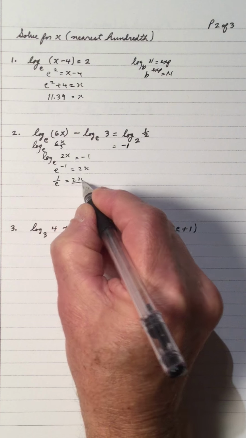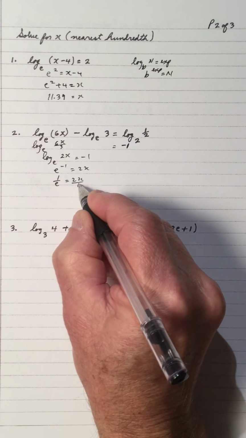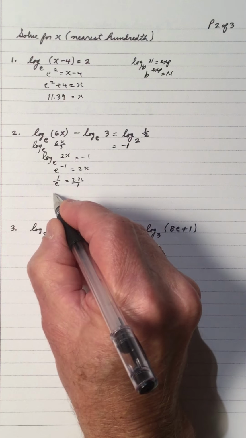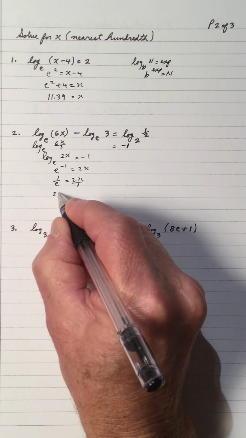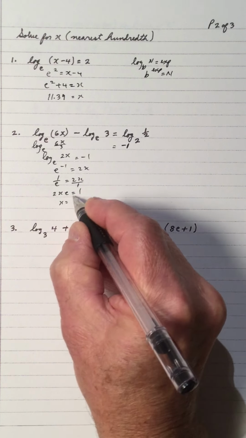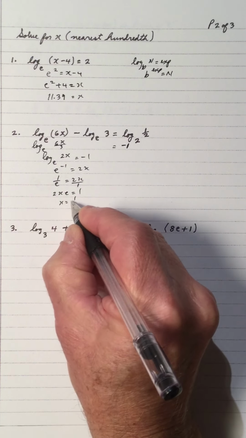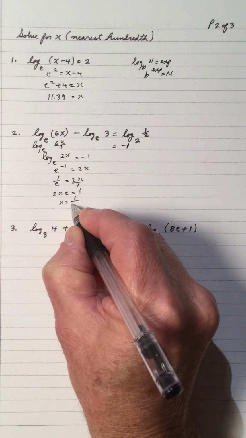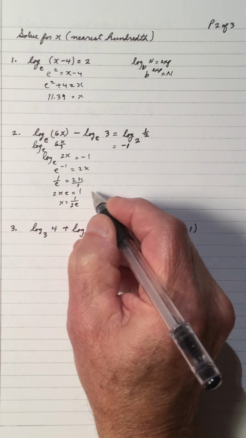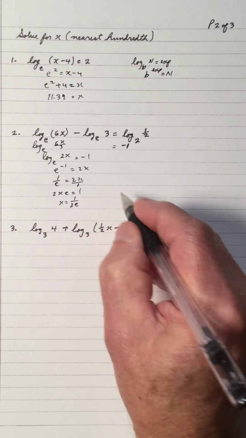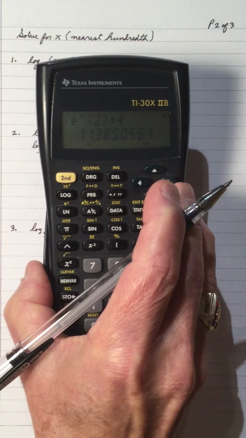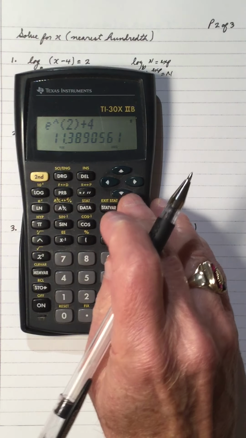We put the 2x over 1 to make it a fraction. So we have 2xe equals 1. So x is equal to 1 divided by 2e.